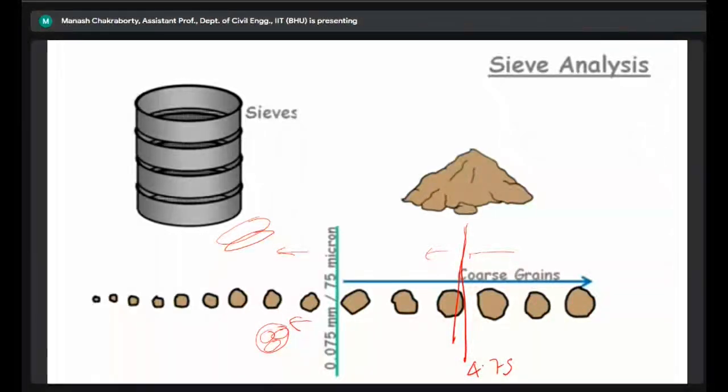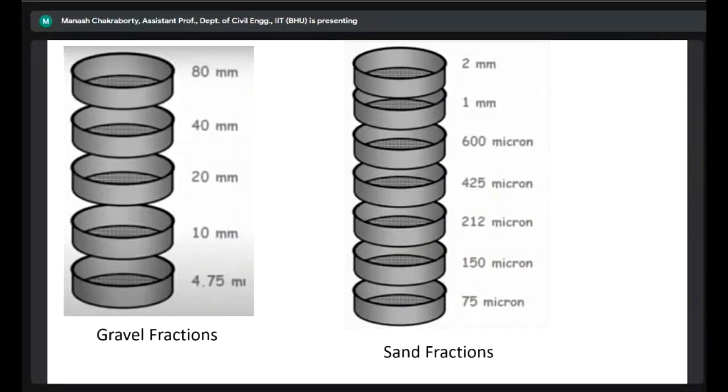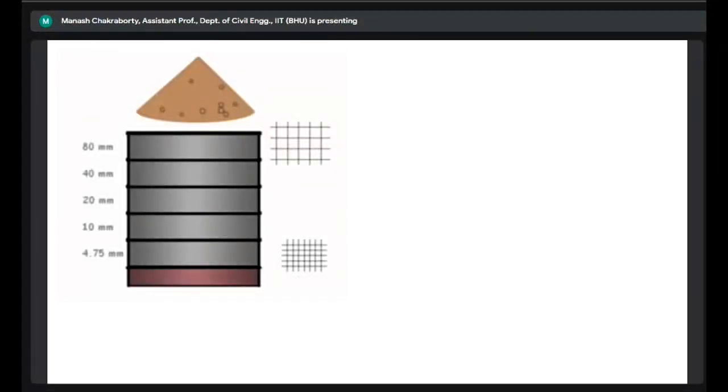When we perform this test, we use different sieves for the gravel fraction and for the sand fraction. These are the sieves that we use for the gravel fraction, and these are the sieves for the sand fraction. For the gravel fraction, these are the sieve sizes: 80 millimeter, 40 millimeter, 20, 10, and 4.75 mm, right?